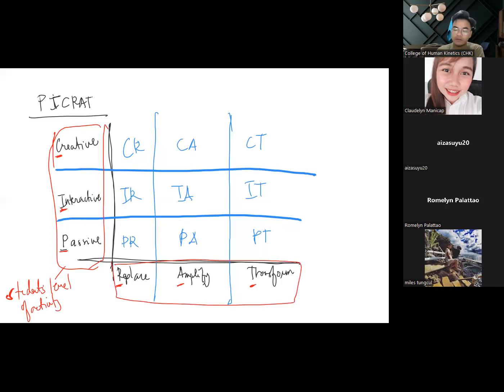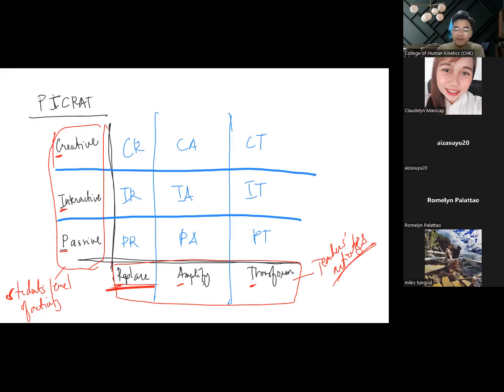On the other hand, those that are in the x-axis are the teacher's activities, relative to the use of technology. So, isipin nyo dito yung ginawa nyo sa SAMR model. Dito, si teacher, pinalitan niya lang yung ginamit niya from the word replace.